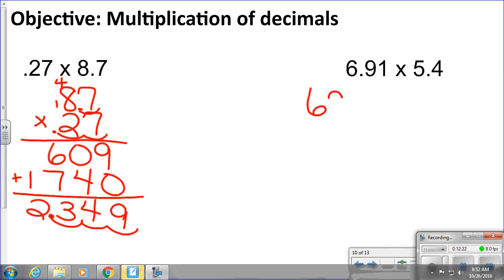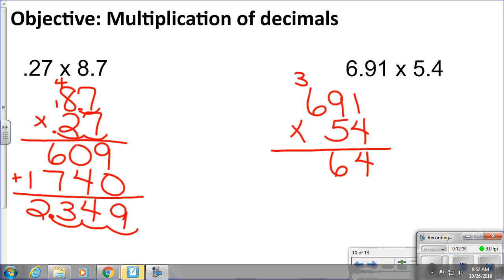For the next question, to me 691 is larger than 54, so I'm going to line up the 4 with the 1. 4 times 1 is 4, 9 times 4 is 36, 6 times 4 is 24, plus 3 is 27.